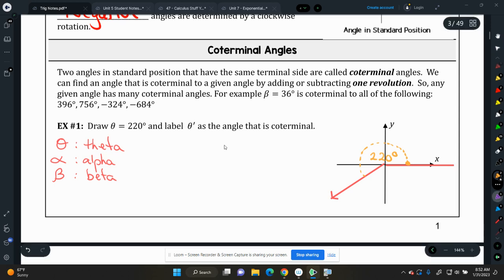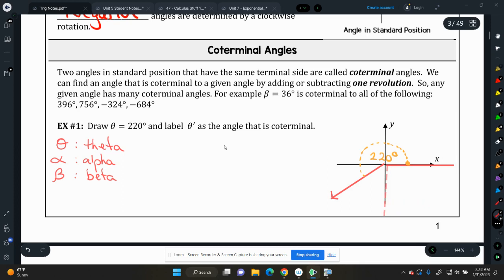Well, if I had started here and gone the other direction, here's negative 90. So I start at the same initial position, but I'm going down negative 90 clockwise.